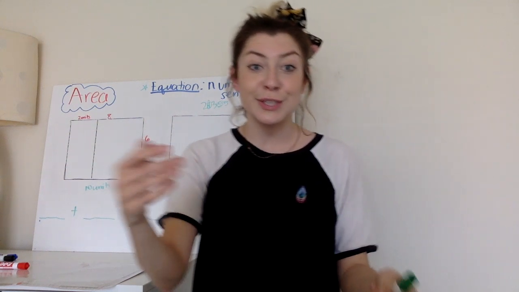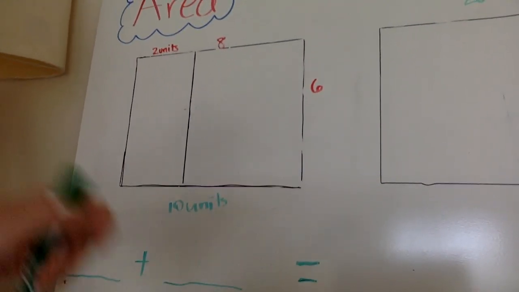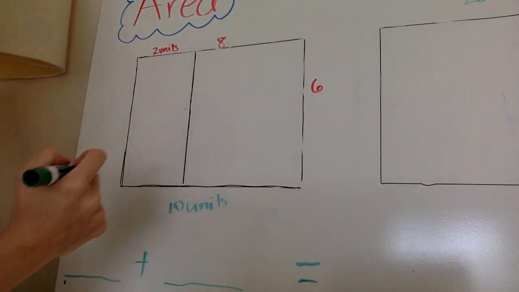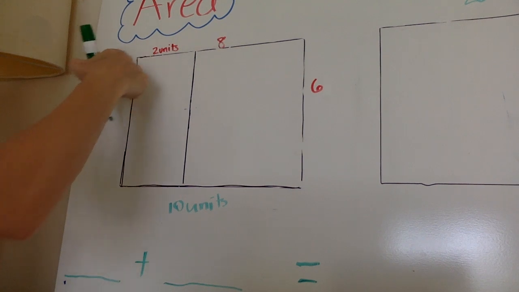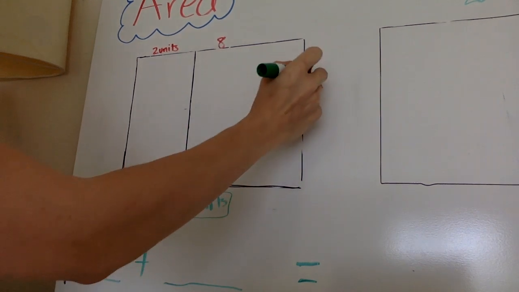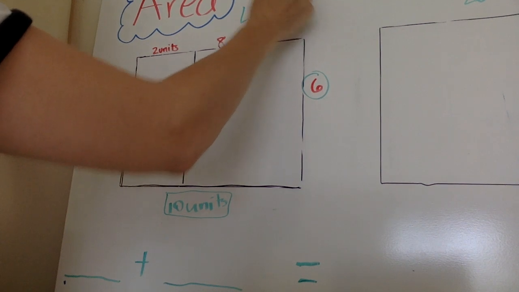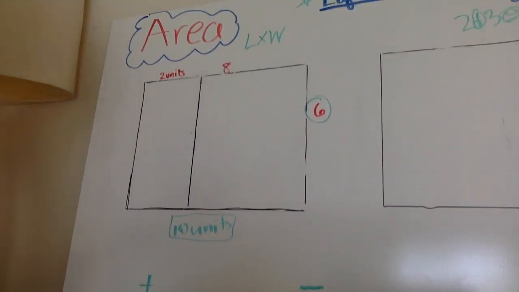So come on closer so you can see what I'm working on. All right, so check it out. I know that to find the area of this entire shape, I need to take 10 units times 6. Length times width. That gives us the area.